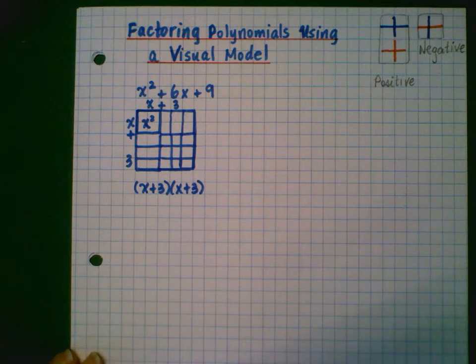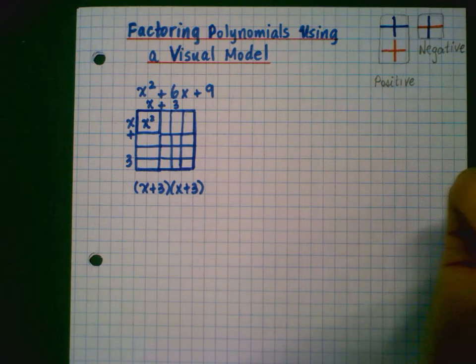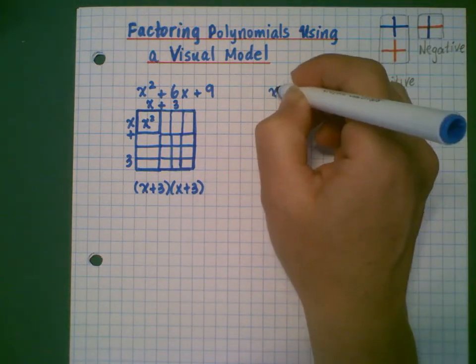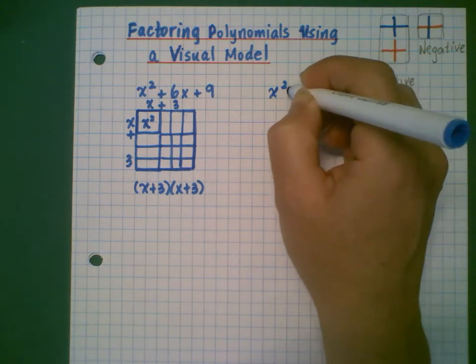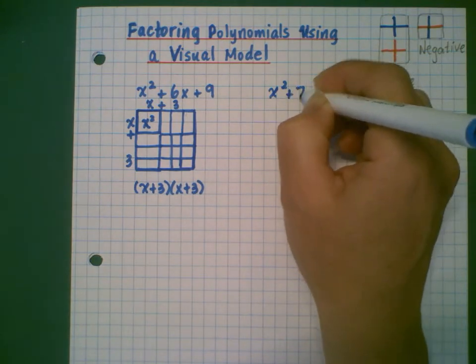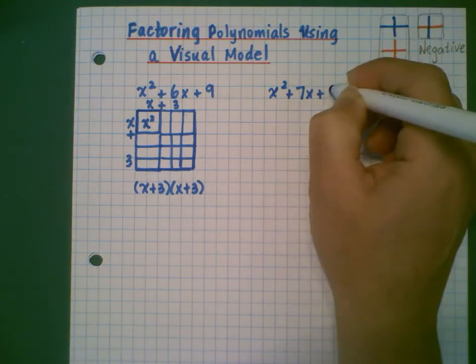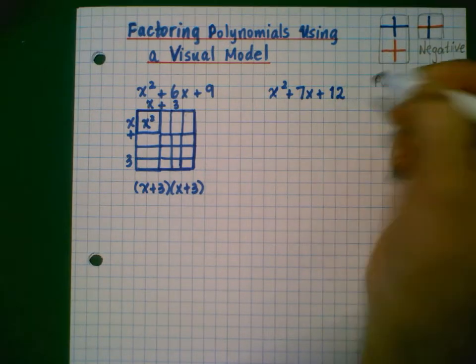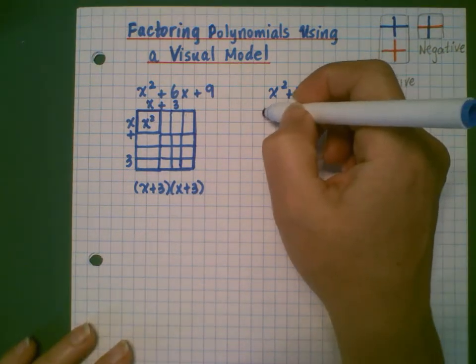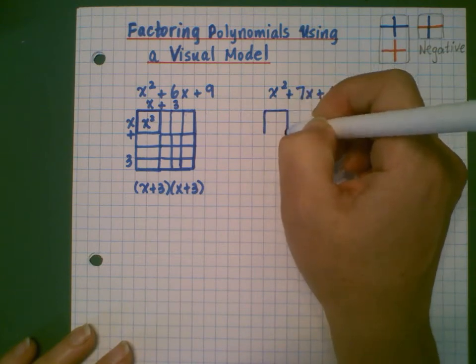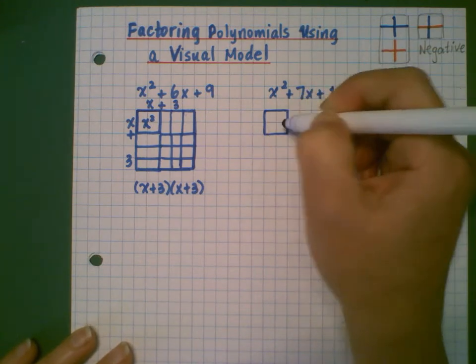Let's try another one. Okay, x squared plus 7x plus 12 this time. Again, I'm just going to use a little square for the x squared because I don't want to take up the whole page, but it doesn't matter. It's a variable. It could be a much larger box there.